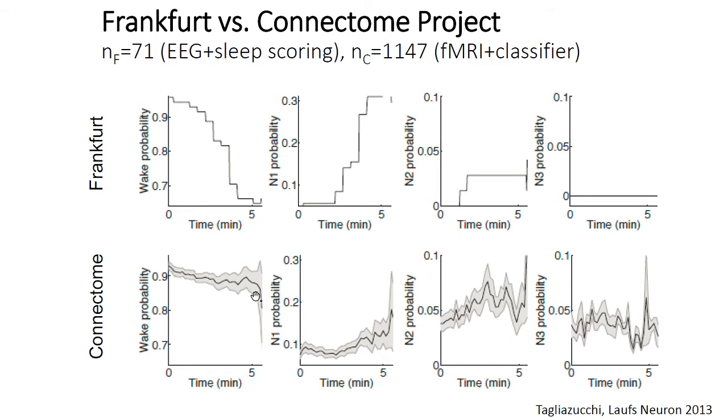And there's a slight decreasing trend. Well, the decreasing trend is more obvious in the Frankfurt data, but there is a slight decreasing trend in the connectome dataset. There is a clear increasing trend of finding N1 sleep in both the connectome data and in our EEG-fMRI data. And deeper sleep stages are essentially either flat or basically noise. So I don't think this means that there is N3 sleep in the connectome data. It simply means that, of course, the classifier makes some mistakes.